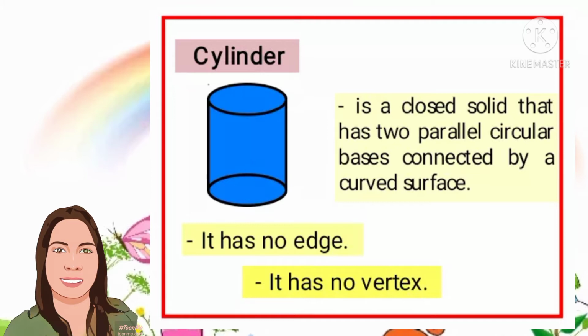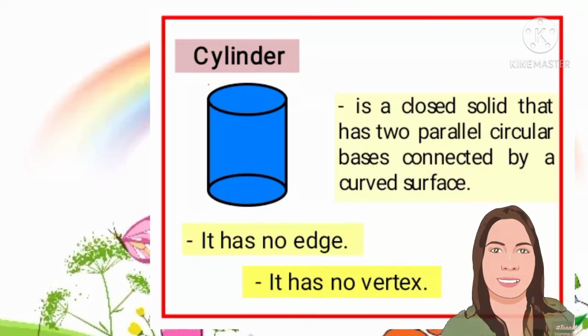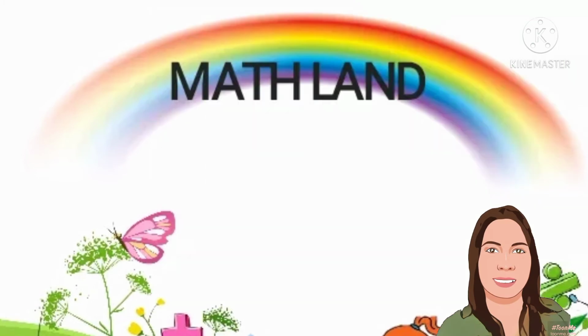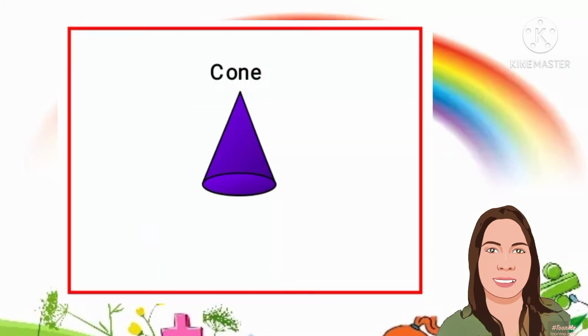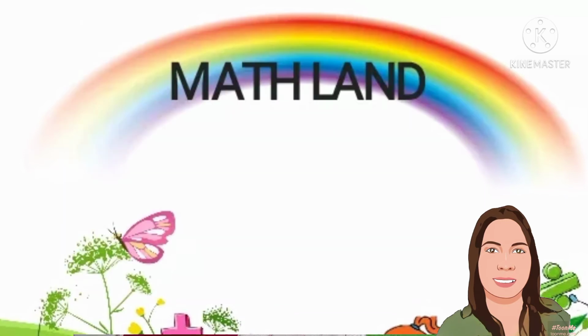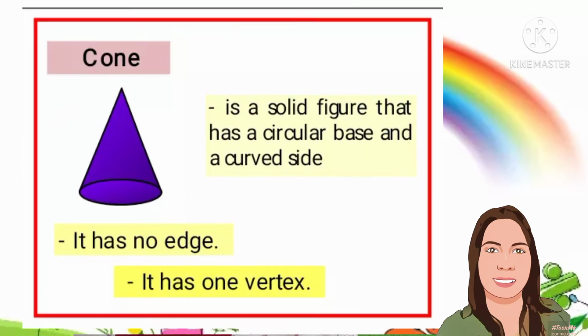It has no edge and no vertex. Now let us have the cone. Cone is a solid figure that has a circular base and a curved side. It has no edge but has one vertex.